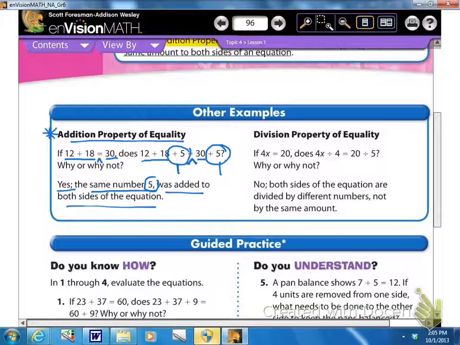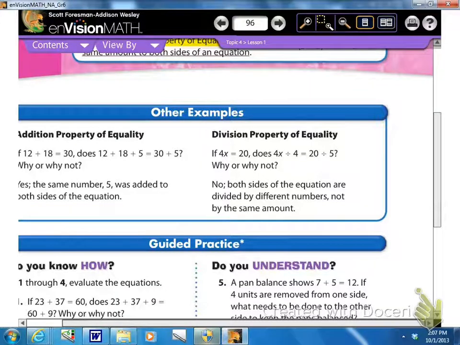Now let's look over here at the division problem. Now they want to know if this expression 4x, which we know means 4 times a number x, is equal to 20. So here's our equation, 4x is equal to 20. Does this work over here on this right side? 4x divided by 4, is it equal to 20 divided by 5?